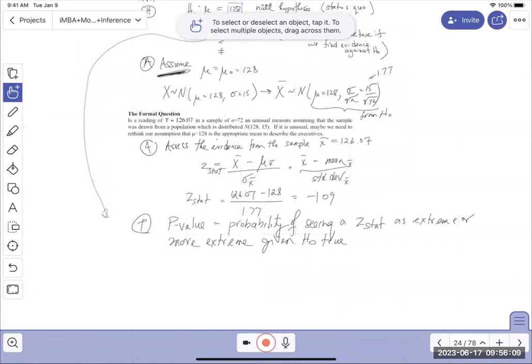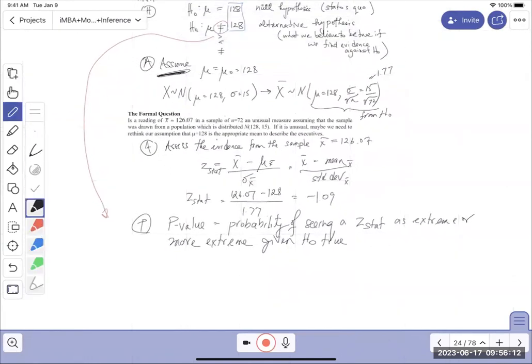So we draw a picture. So what I'm drawing is the z-stat over here.